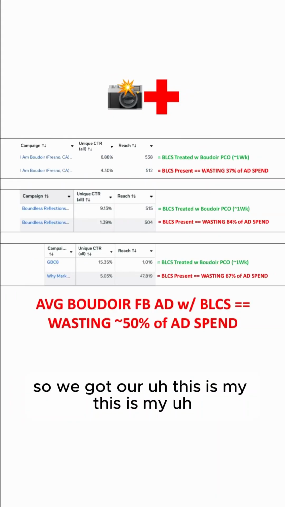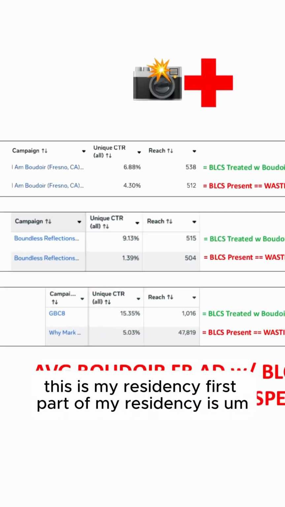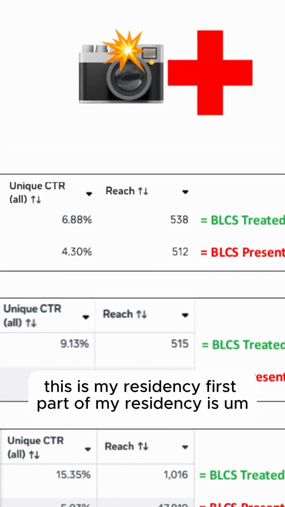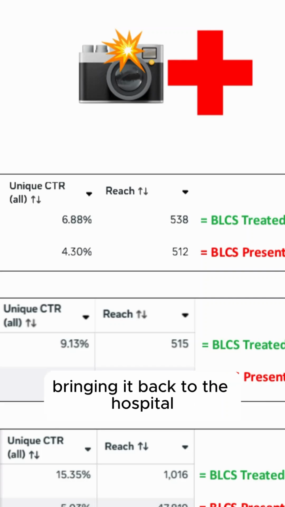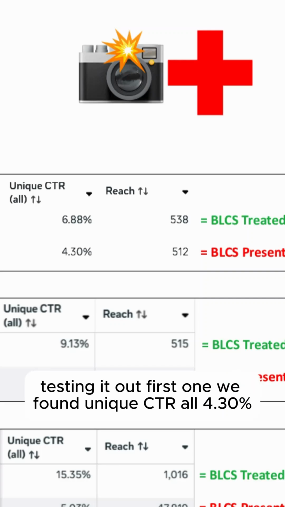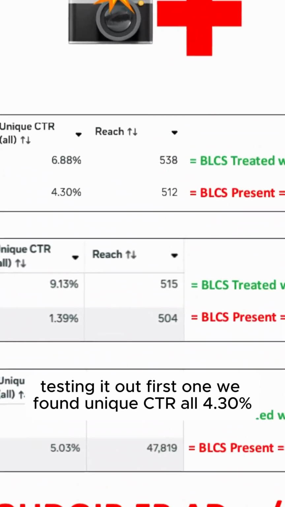This is my residency. The first part of my residency is finding a Boudoir Facebook ad out there, bringing it back to the hospital, testing it out. First one we found, unique CTR all 4.30%.